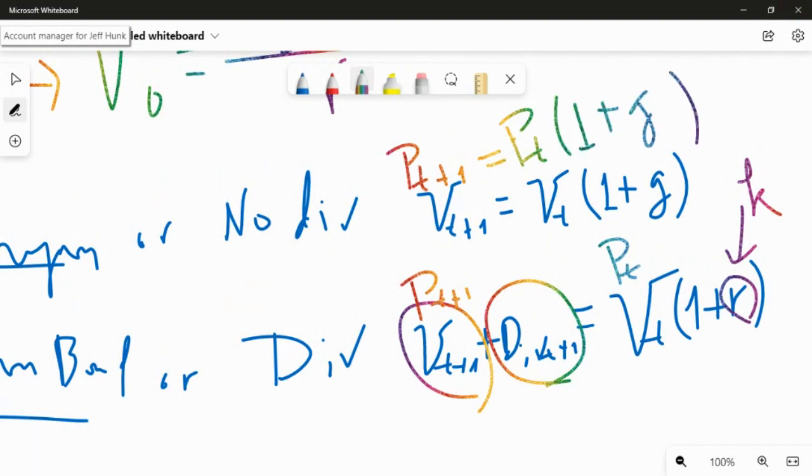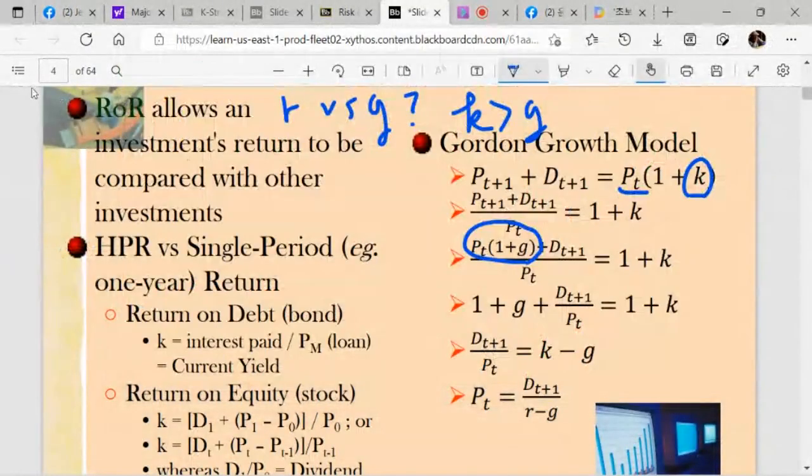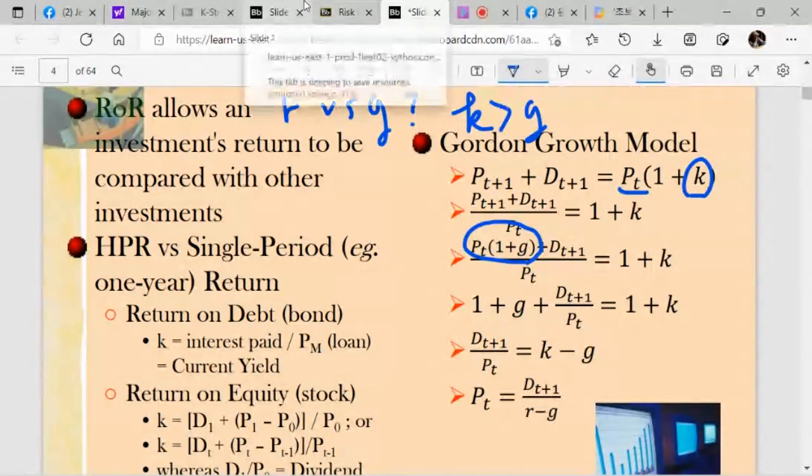So you can rewrite PT plus 1 as this. So that's what I did, right? And then think about it. You can also, PT times 1 plus G can be broken up, right?